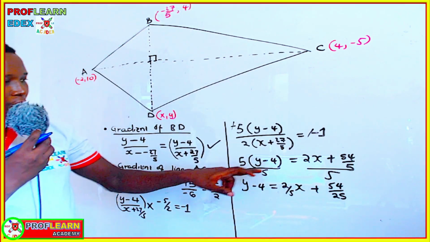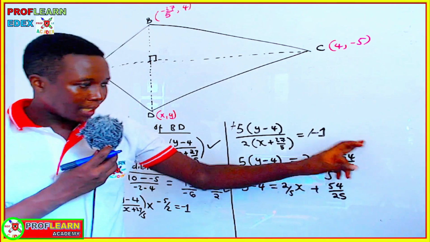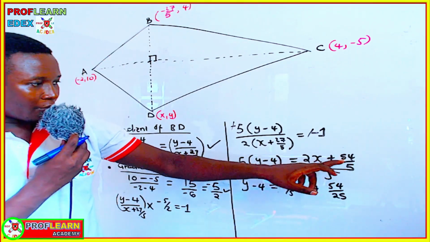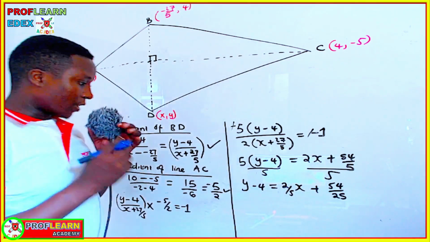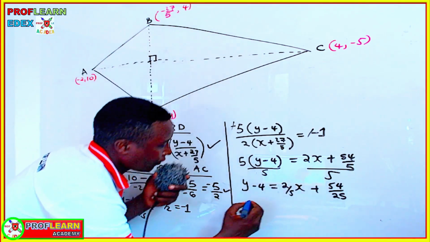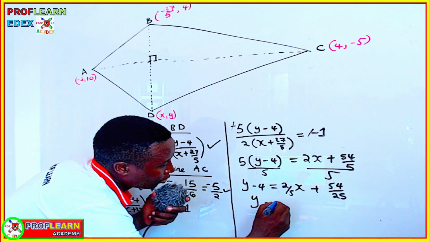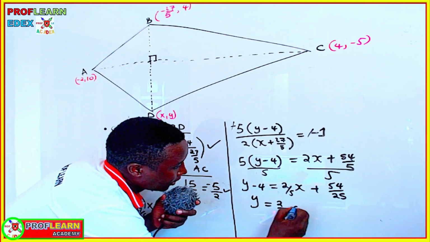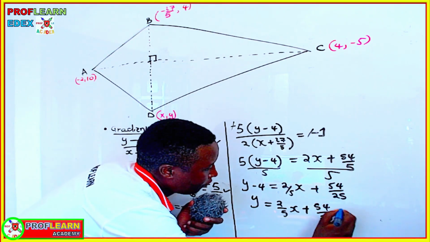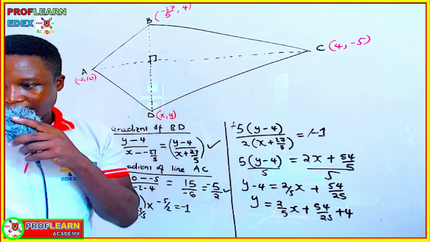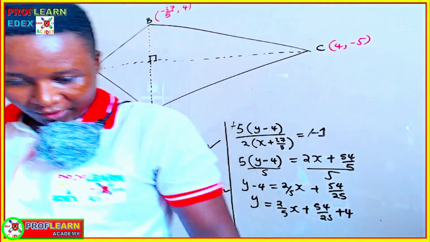Because if you divide this, the 5 is also going to affect this term on the other side. So 54 over 5 divided by 5 is going to be 54 over 25. So I am going to take the 4 to the other side. We have y equals 2 over 5x plus 54 over 25 plus 4. And what is that going to give us?